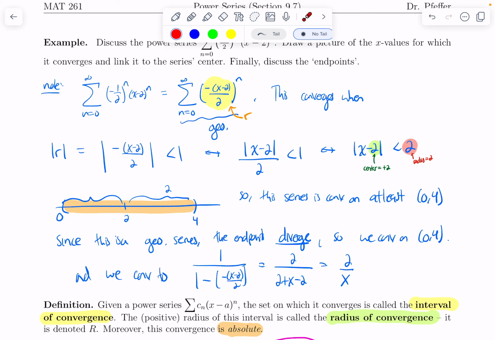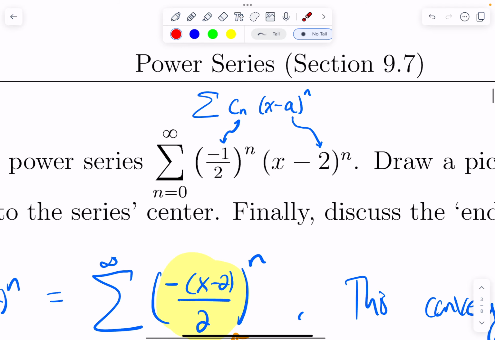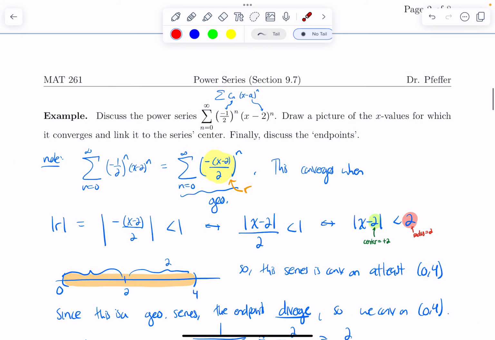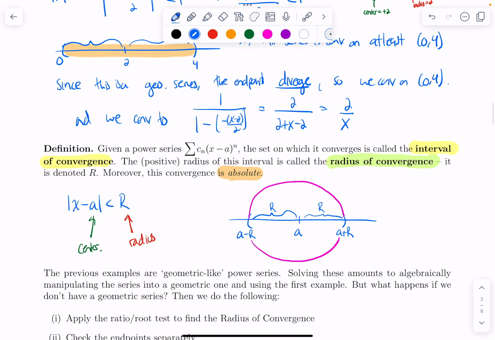The real question I have is, these are geometric-like. That's how we were able to use this formula right here. What happens, and I asked this question down here, when my power series are not geometric-like? Well, I know I still converge sometimes, so how do I know when I converge?